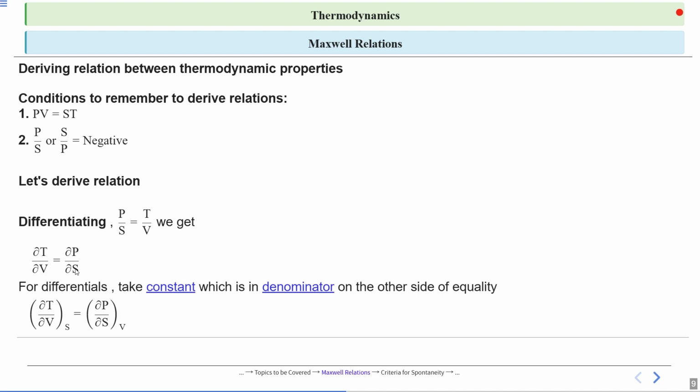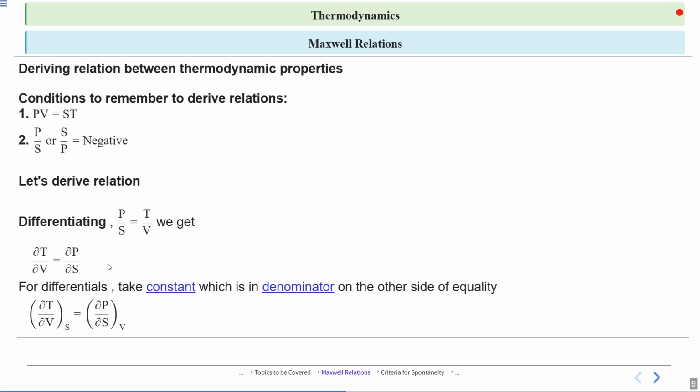You can see that on the right hand side, the entropy is in the denominator. So you will take on the left hand side entropy as constant: dT by dV at constant S. For the right hand side, you can see that the volume on the left hand side is in the denominator, so you take dP by dS at constant volume. You just have to take the opposite side denominator as the constant for the corresponding one.